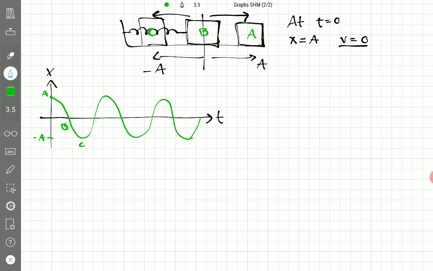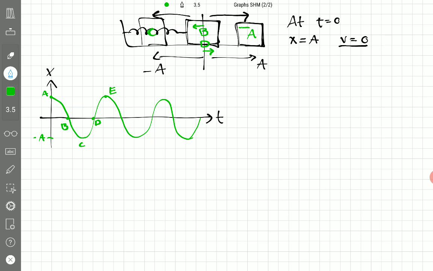Then this is point D here, the point where it comes back to the equilibrium position, but it's moving in the opposite direction. So I'm going to say this B was going to the left and this D is going to the right. And then point E up here is this one, right?